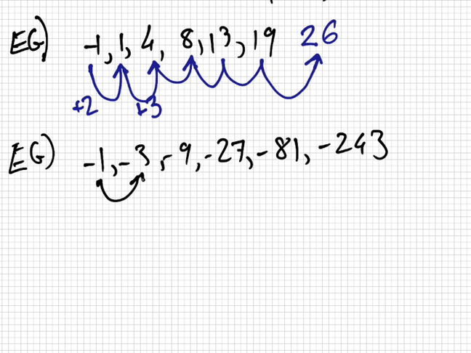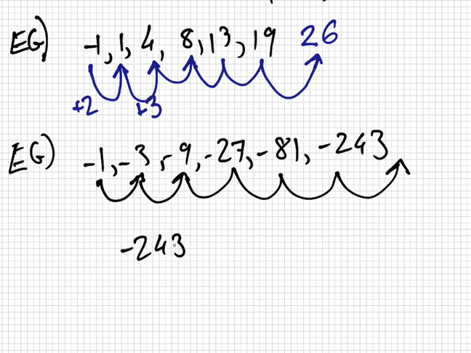I've multiplied by 3, and here by 3. So it's clear what's happening. I'm multiplying by 3. So the next one will be -243 multiplied by 3. What's that? 729, and minus, yeah.